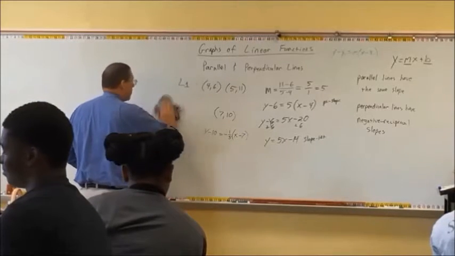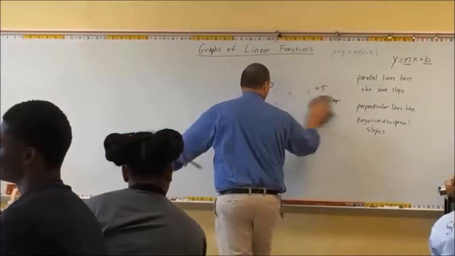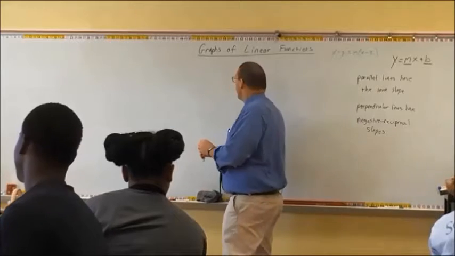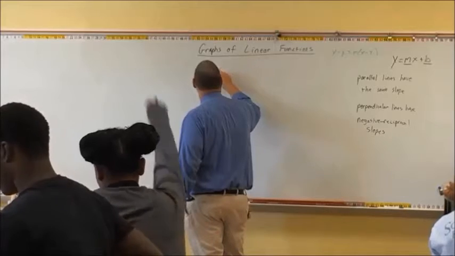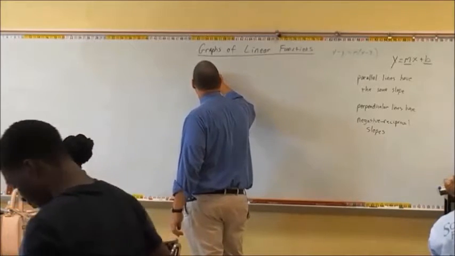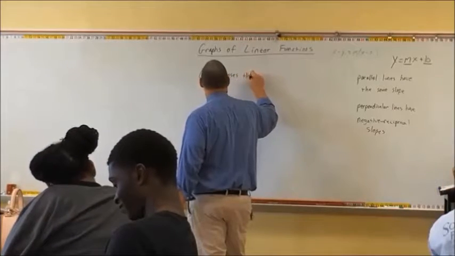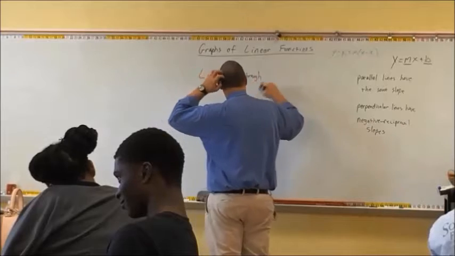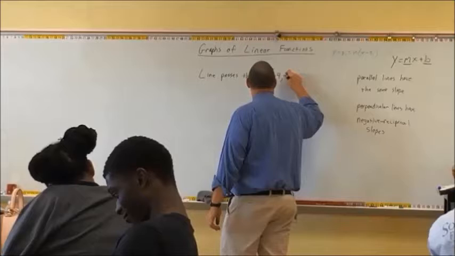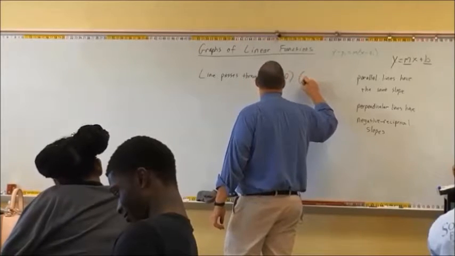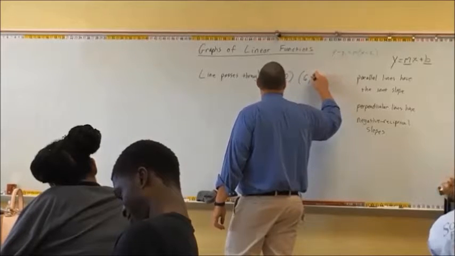All right. Let's do one more of these. I want to do another one of these. All right. There's a line that passes through the points (-4, 0) and (6, 13).